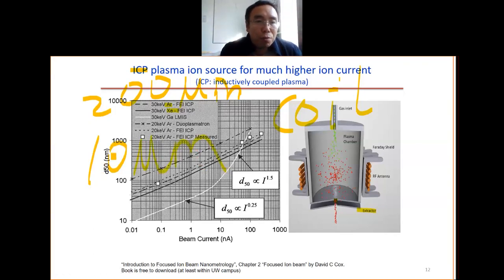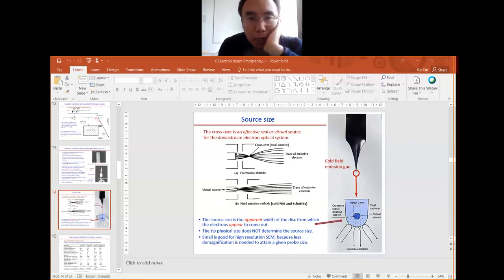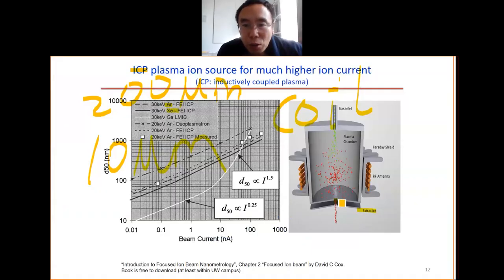If you don't remember, I will show you again. Even though it looks like the beam is very big, this is the real size, and it's very small. This one is the virtual source, which is also very small. So that's what I said previously. Even though here is 200 micrometer, the actual virtual beam size is about 10 micrometer. It's not small, but it is okay.